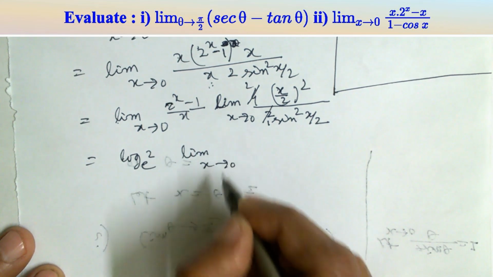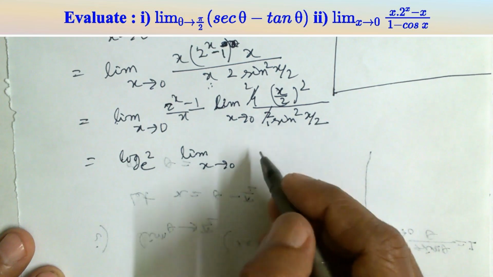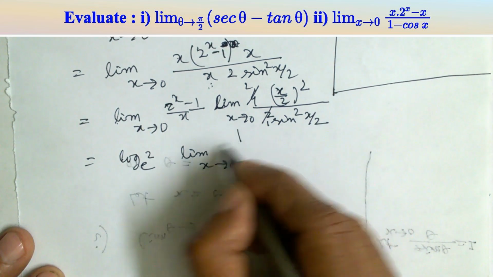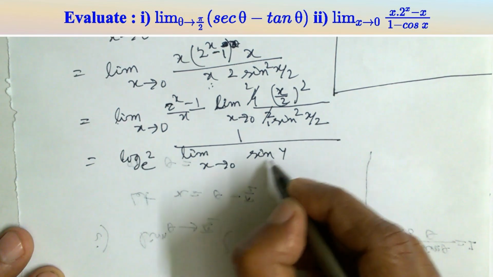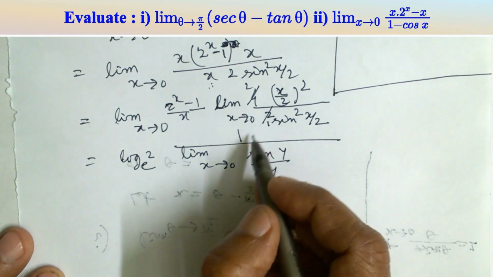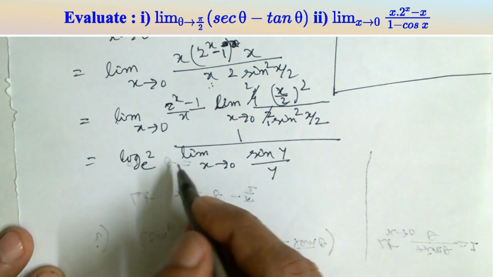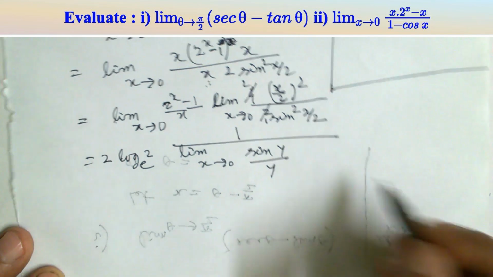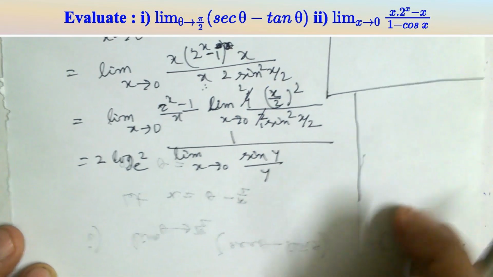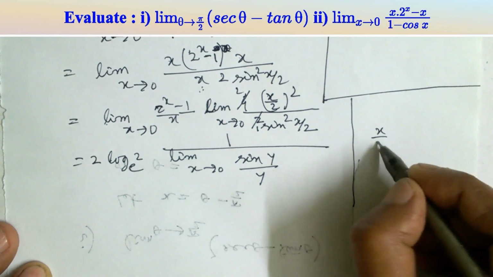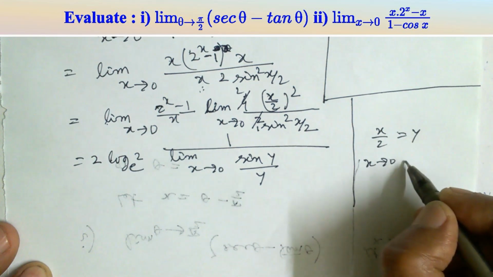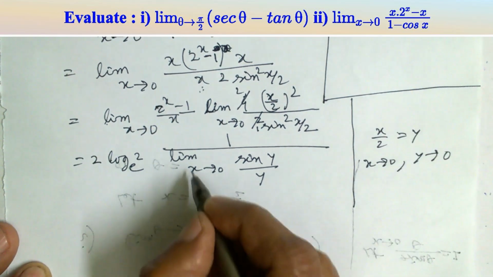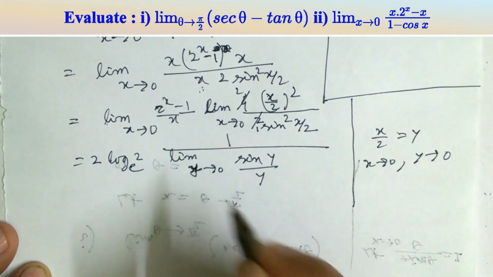limit x tends to 0, we may write 1 by this sin y by y, and 2 is writing here. Here half y, x by 2 is equal to y, x tends to 0, y tends to 0. So here we should write y tends to 0.